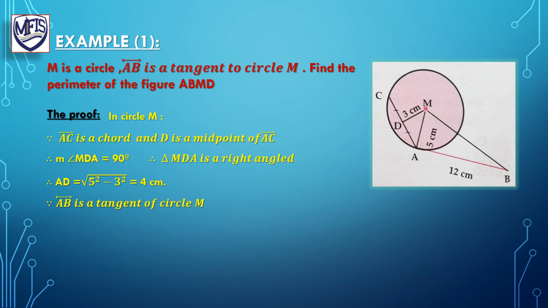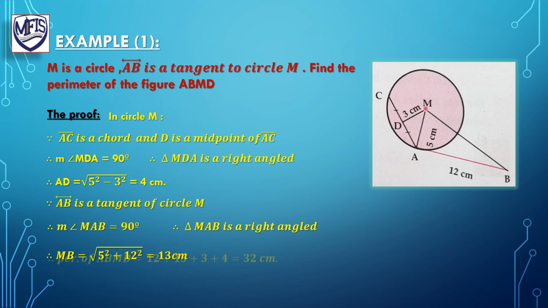Since straight line AB is a tangent of circle M and measure angle MAB equals 90, therefore, the length of MB equals 13 cm. So, the perimeter of ABMD equals 32 centimeters.